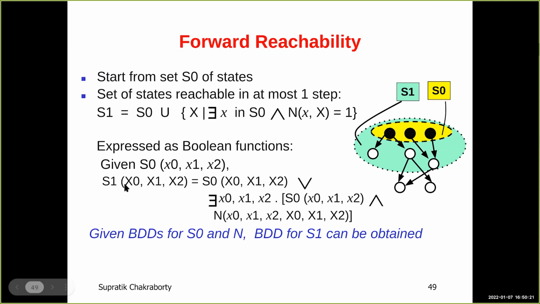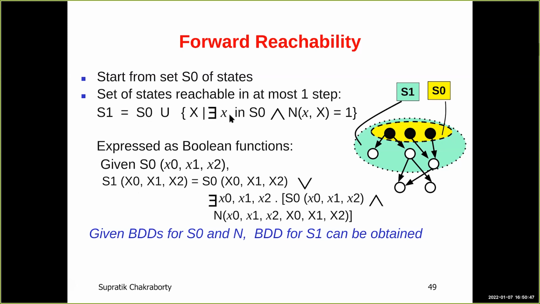I mean, by S1 and S0 here, I mean the formulas that represent these sets of states. So since X should be in S0, it means that the formula S0 should evaluate to true when the values of lowercase x are substituted, plugged in. And I want this to evaluate to true, which means I want, with the lowercase x and the uppercase x, this formula to evaluate to true.